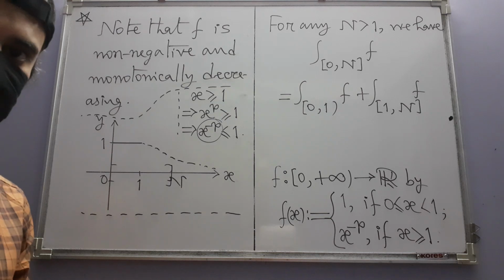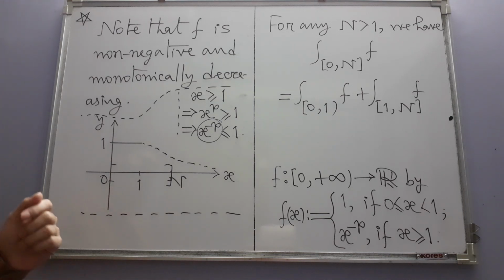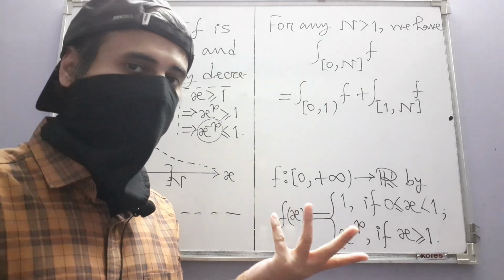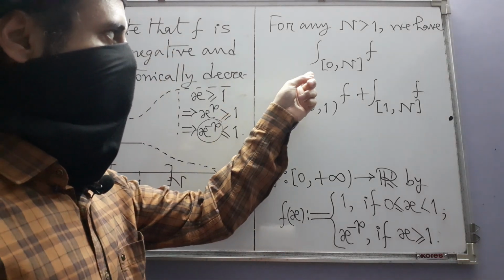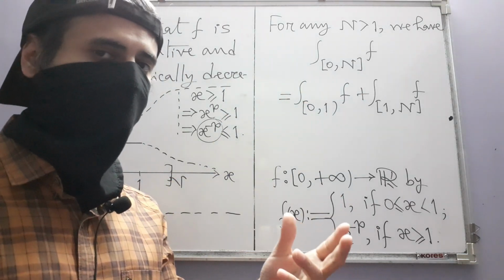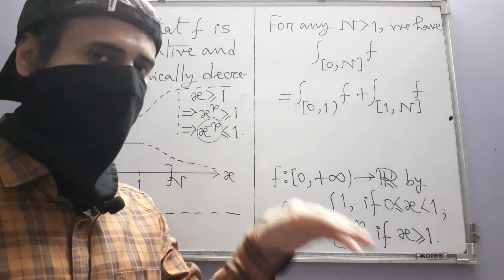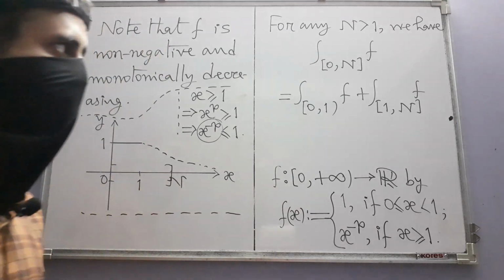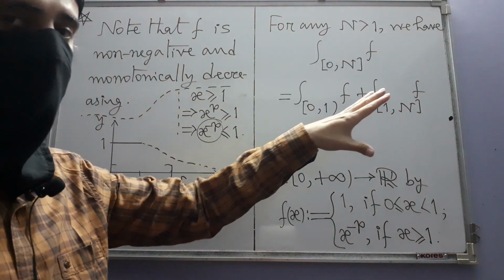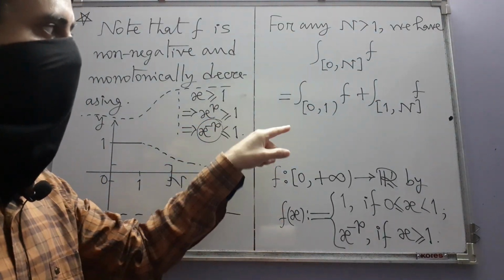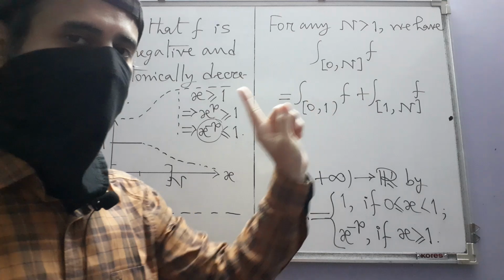It does not lose that property. And we have in fact proved in this section that such a function is Riemann integrable on the interval in which it is monotonically decreasing. So that's why this integral actually exists and we can consider it. And then by that property we can write like this.